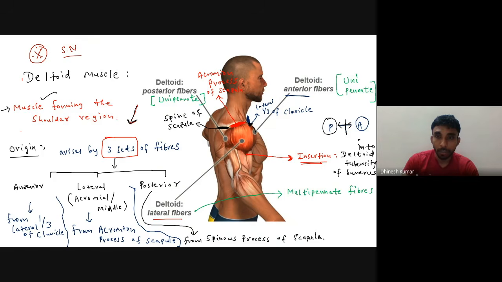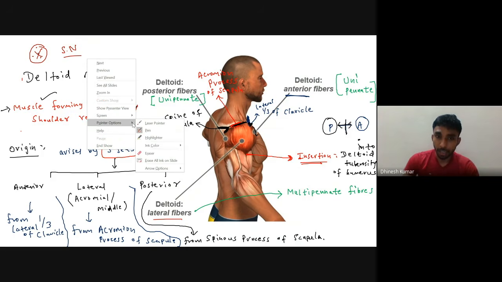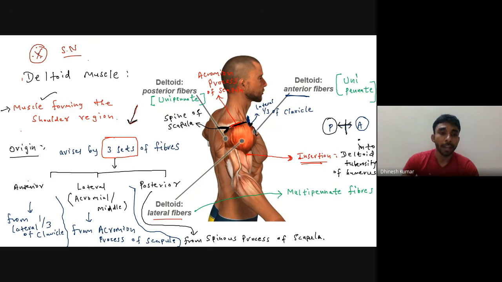Now I am marking the middle fibers, also known as acromial fibers or lateral fibers, all are the same. Now I am marking the posterior fibers of deltoid. So according to the site of origin, there are three sets of fibers: anterior fibers, middle or lateral or acromial fibers, and the posterior fibers.